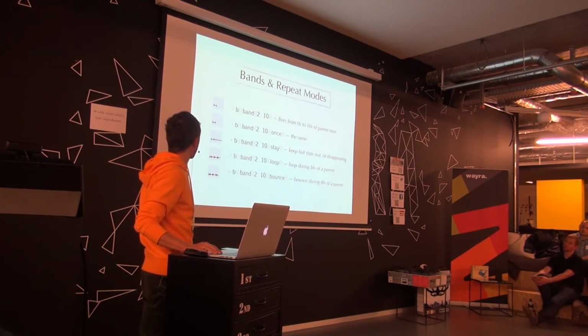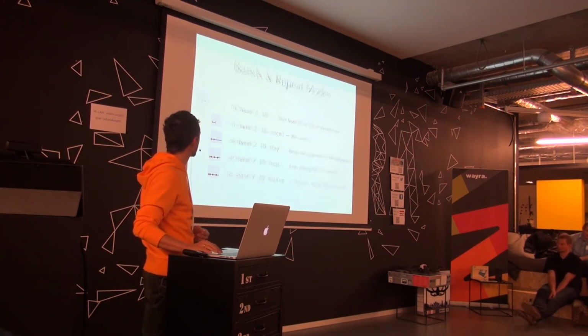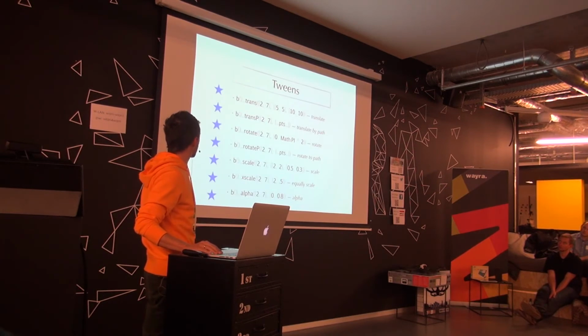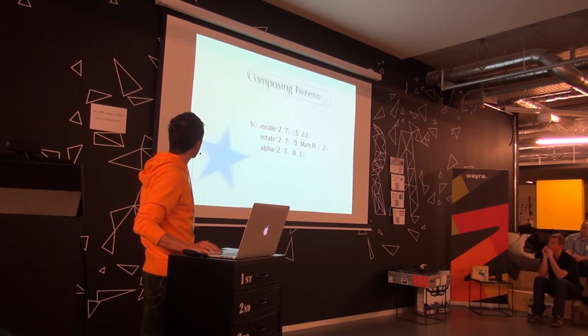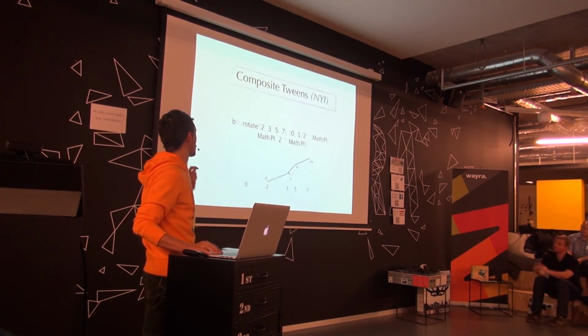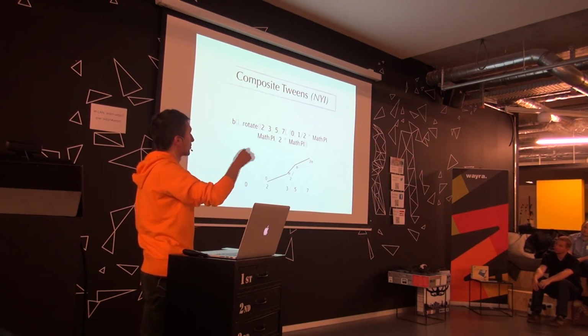The elements may have bands and end actions, like repeat modes, which define if it loops, if it bounces, or if it stays, freezing in time at the end of a band. There are all the possible tweens, I think. They may be relative or not relative in time. You may compose some tweens and make composite tweens, like tweens having several points in time.